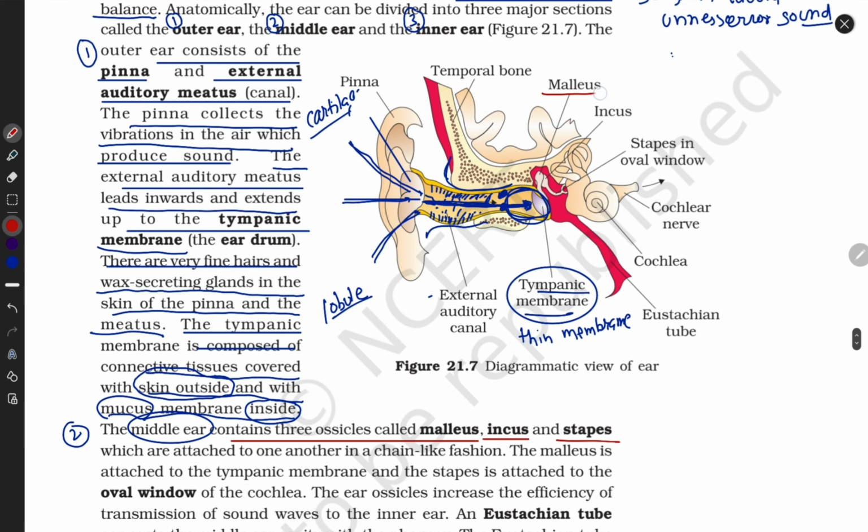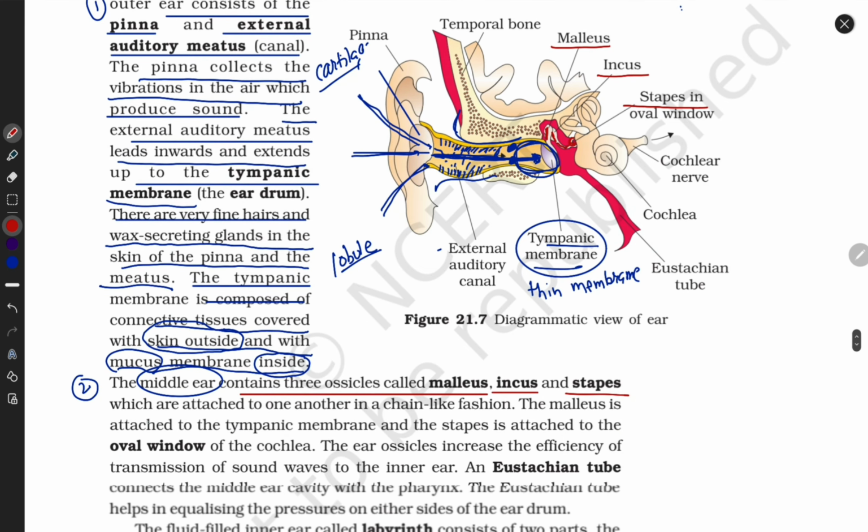This is the malleus, incus, and this is the stirrup-like structure, the stapes, which are attached to one another in a chain-like fashion. Malleus, incus and stapes attach together in a chain.